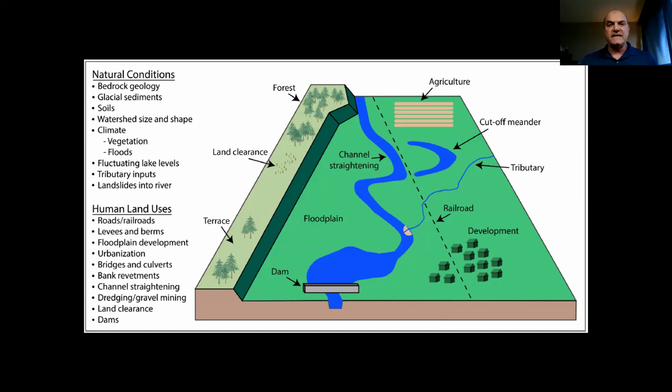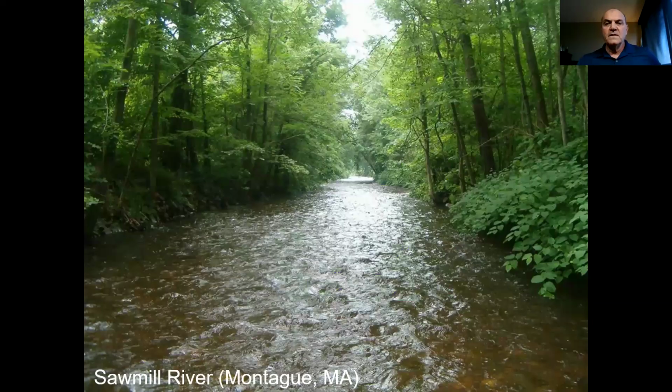In some cases, that can be the result of natural conditions listed on the left, and on many rivers, there's human land uses along the river that are highlighted in the sketch that can upset that movement of sediment and create dramatic erosion problems. That's the focus of our talk today, but deposition as well.